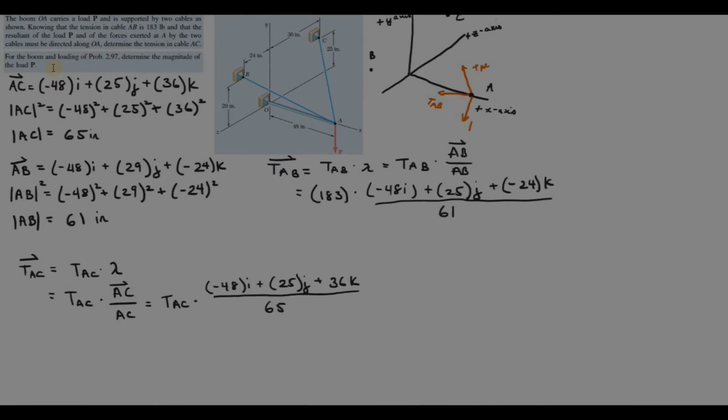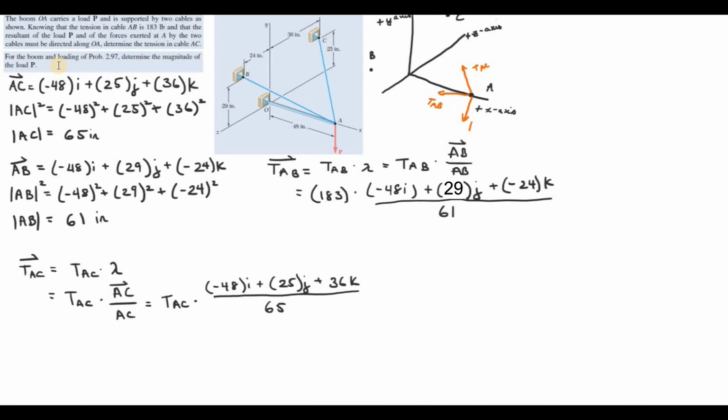So now it's given to us in the problem that all the forces exerted at A must be directed along OA. What this means is the sum of the forces in the Y direction and the sum of the forces in the Z direction has to equal 0, because the resultant force is directed along the boom, which is in the X direction.